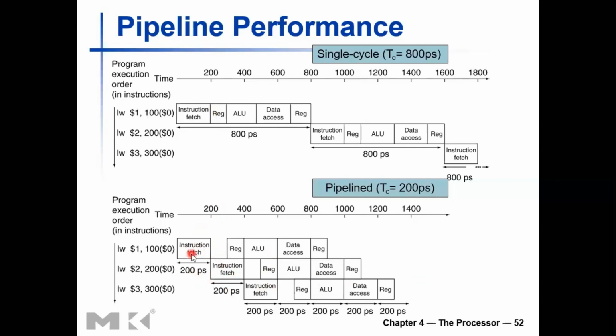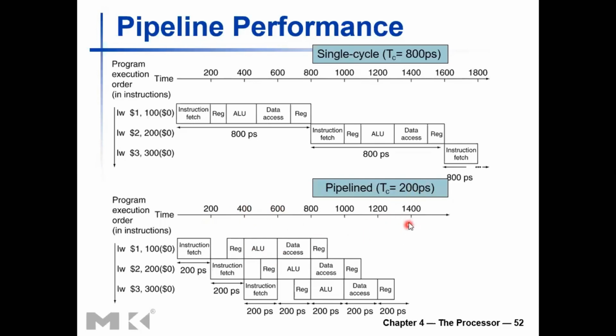While the first load word instruction is being decoded and registers are being read, we can fetch the next load word. And while that goes into decoding and register reading, we can fetch the third instruction likewise. In this way, we can finish one instruction every clock cycle, which is now 200 picoseconds.